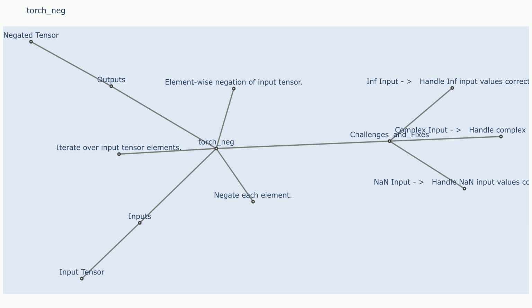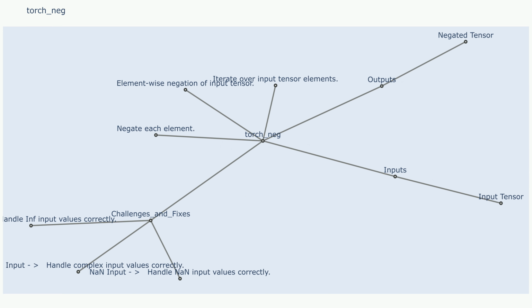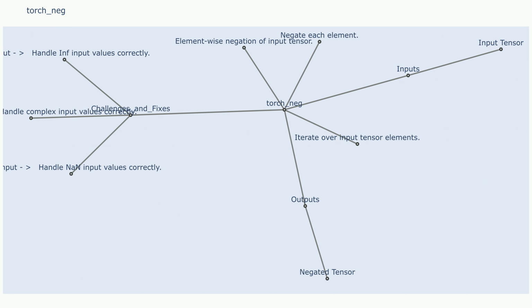Fixes to challenge 1: Ensure that the data type of the input tensor can accommodate the range of values after negation. For example, if the input tensor contains large positive integers, consider using a larger integer data type or converting the tensor to a floating point type to avoid overflow.